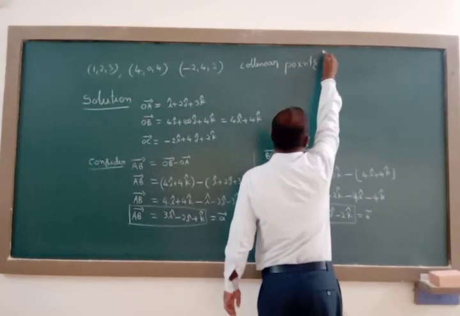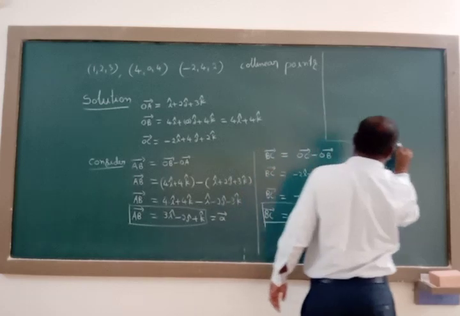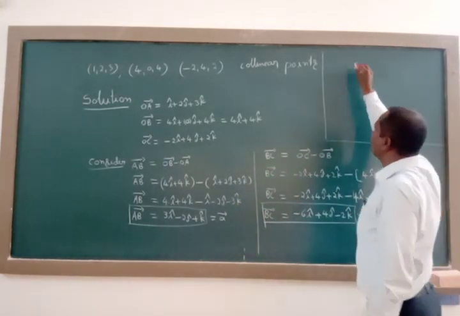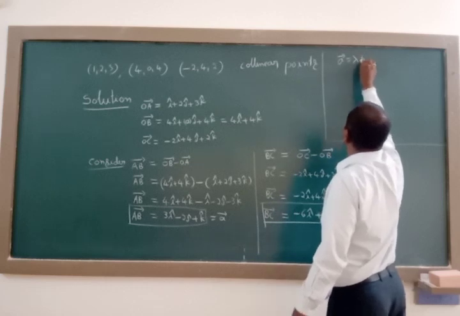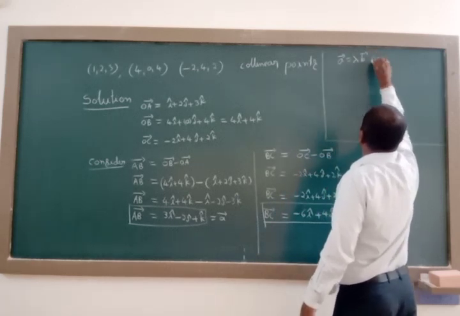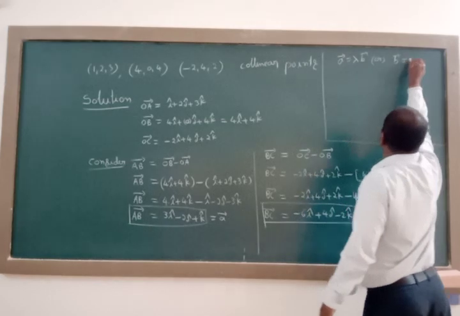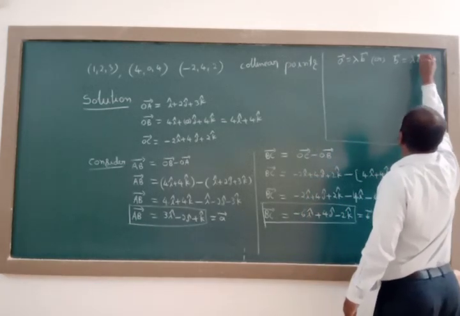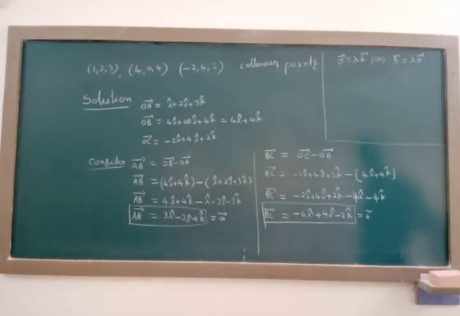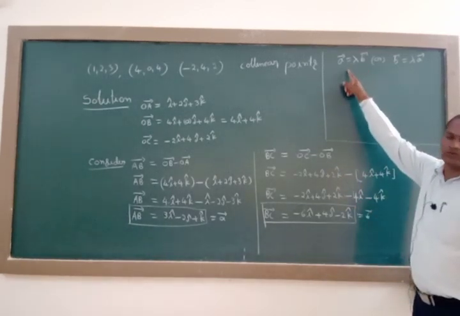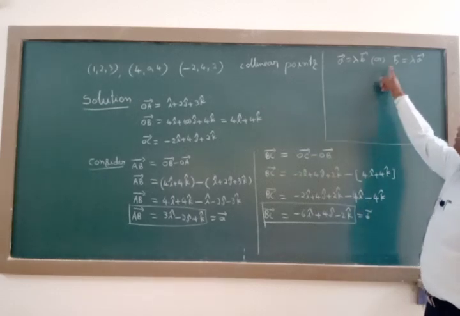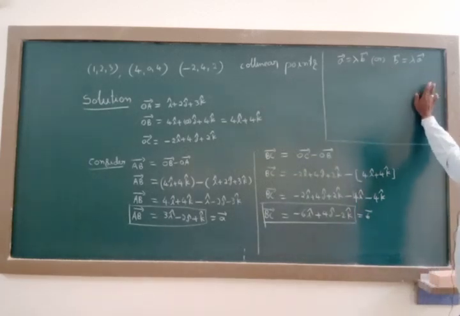To show whether they are collinear vectors or not, you have to apply this formula: a bar is equal to lambda into b bar, or b bar is equal to lambda into a bar. Any one of the formulas must be verified for these two vectors.